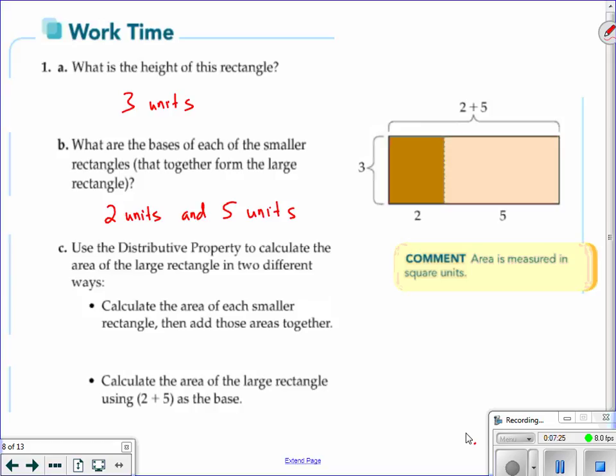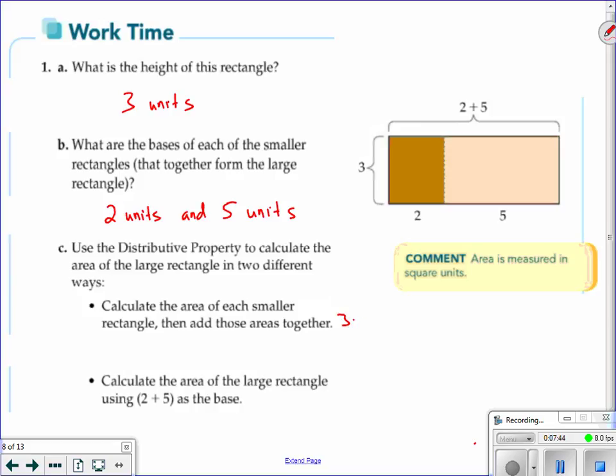For part C, it wants us to use the distributive property to calculate the area in 2 different ways. First, calculate the area of each smaller rectangle, then add those areas together. So we take 3 times 2 and add it to 3 times 5.